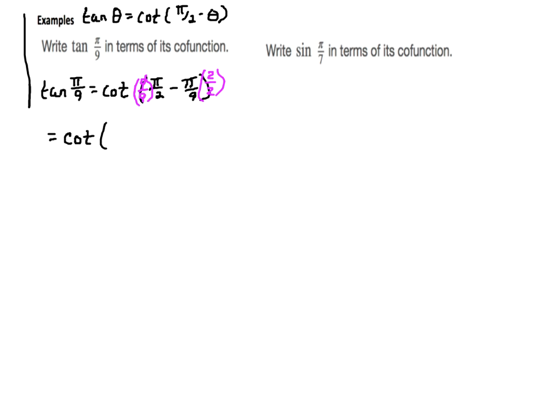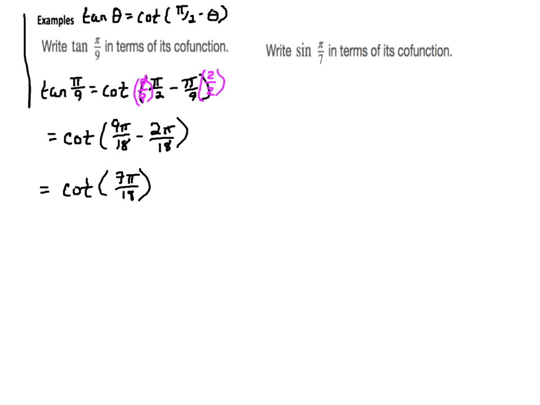That's the same thing as the cotangent of 9 pi over 18 minus 2 pi over 18. Now I'm ready to combine my numerators over my common denominator. This is the same thing as the cotangent of 7 pi over 18. That's it. They just wanted us to write it in terms of its cofunction.